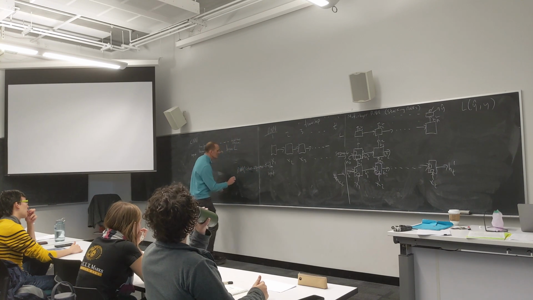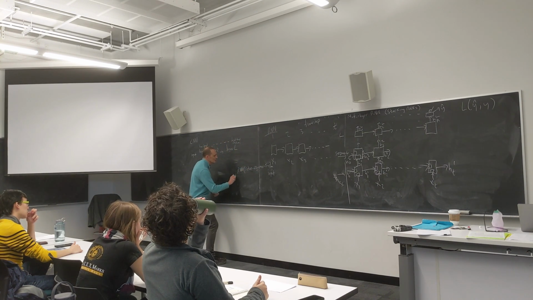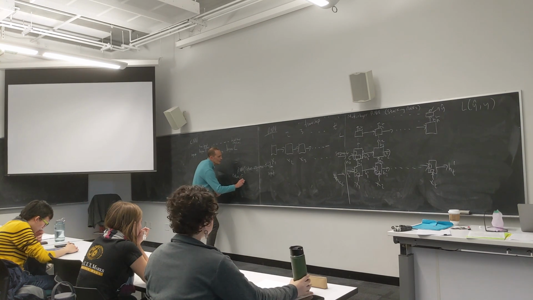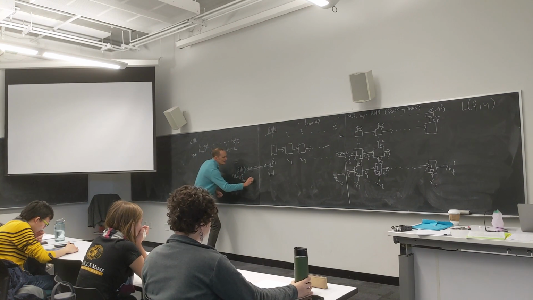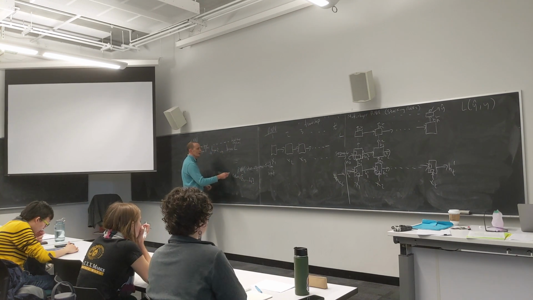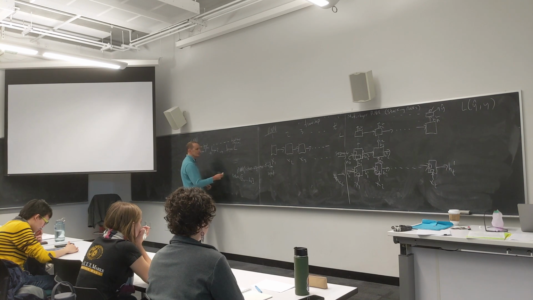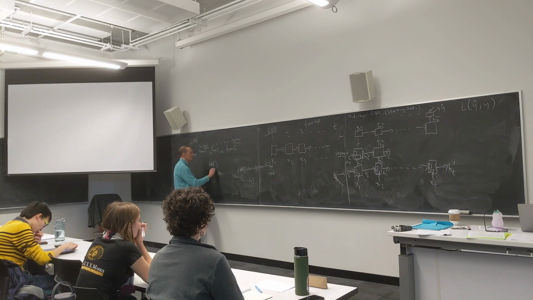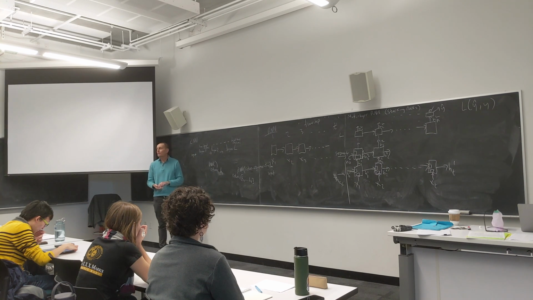So RNN with return sequences equals true returns H1 all the way to H sub t. And RNN by itself with the default returns just H sub t.